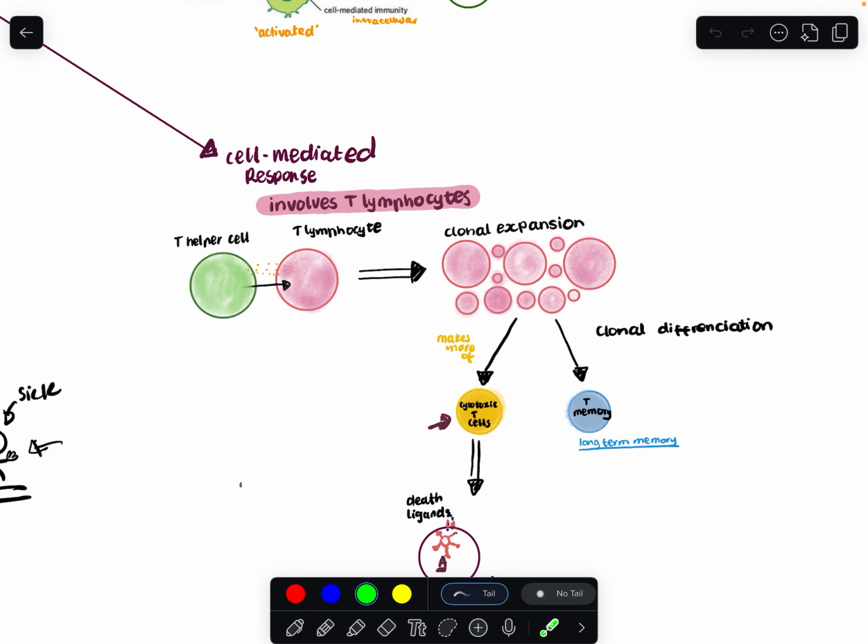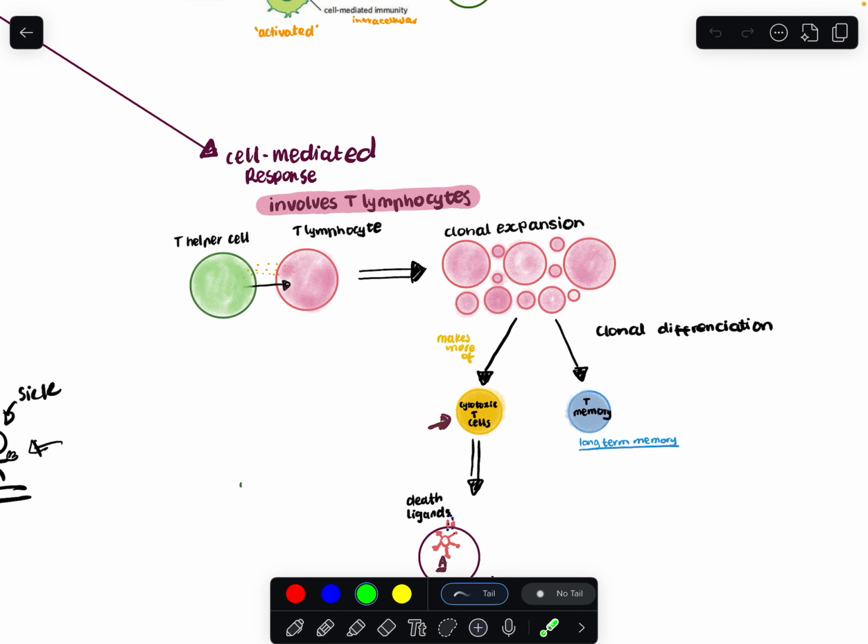An activated T helper cell will come and secrete cytokines, just like it would in the humoral response, however this time to a specific T lymphocyte that will work to destroy that specific pathogen.